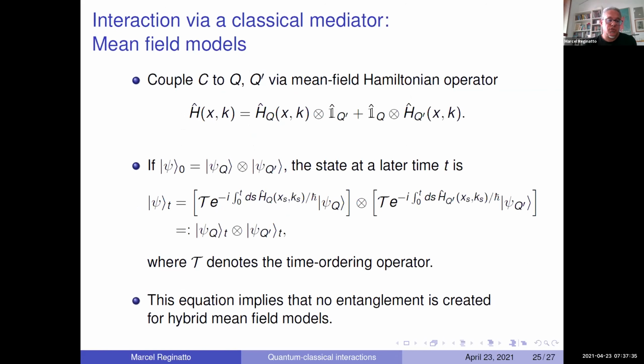You can show that you can assume that your interaction factors in this way. This is the assumption that the two quantum particles don't interact directly, but only through the classical mediator. And then if you look at the evolution, you get an evolution that doesn't create entanglement. So this claim that you cannot create entanglement through a classical interaction is valid, but only on a certain class of models, not every hybrid model.